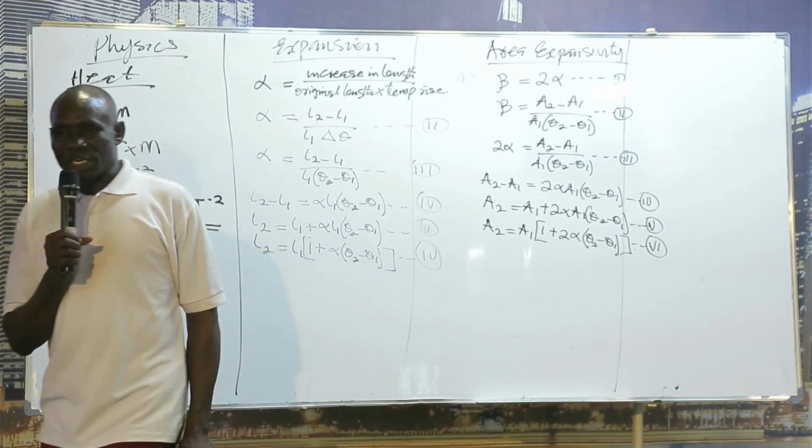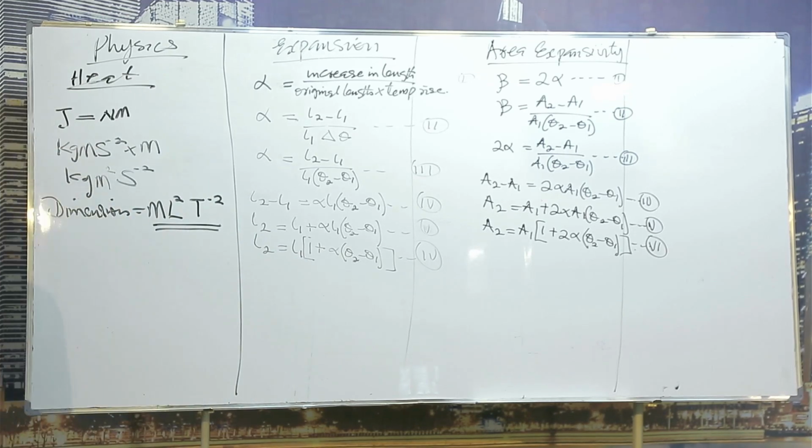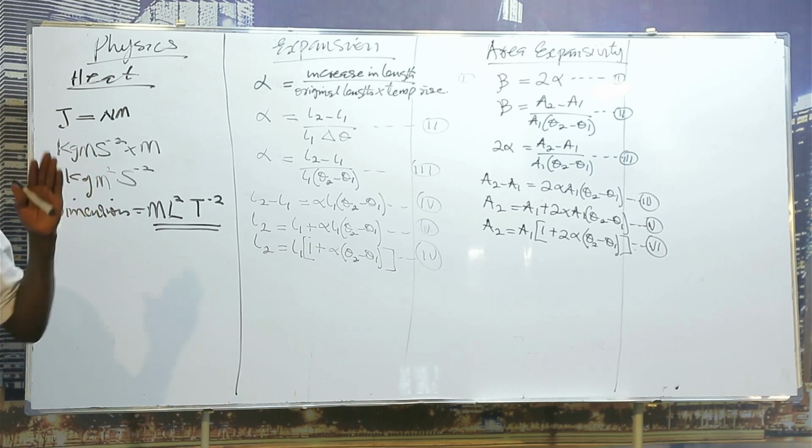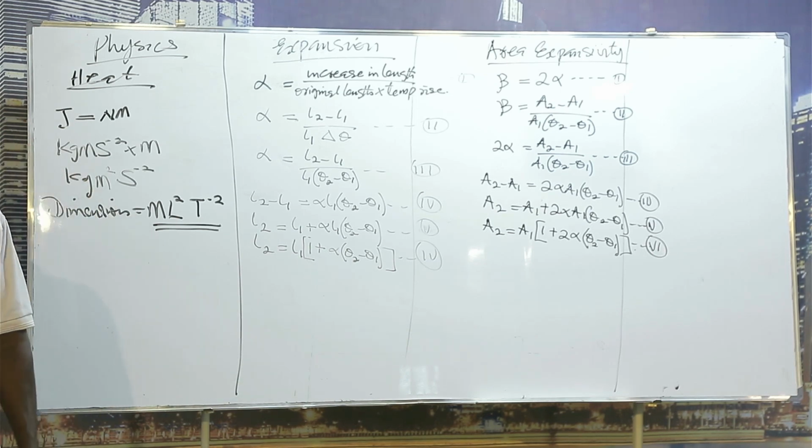First name is called increase in area. Second one is called variation in area. Third one is called change in area. So anywhere you see a question, no matter the term used, that is exactly where you're coming to get the information.